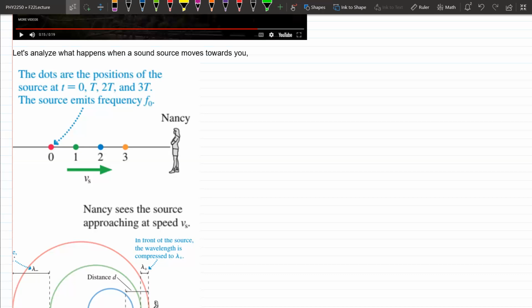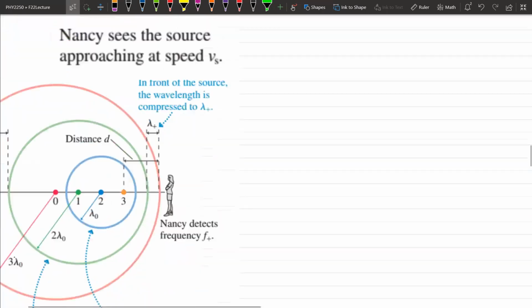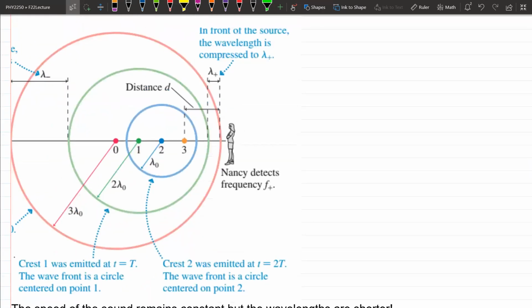But what if we have a moving source of sound? Now, instead of the source being stationary, I'm going towards you and speaking with the same frequency at the same time. At t equals 0, the sound is going to make a spherically outward wave, and that wave is going to reach Nancy sometime later, whatever the distance divided by the speed of sound.